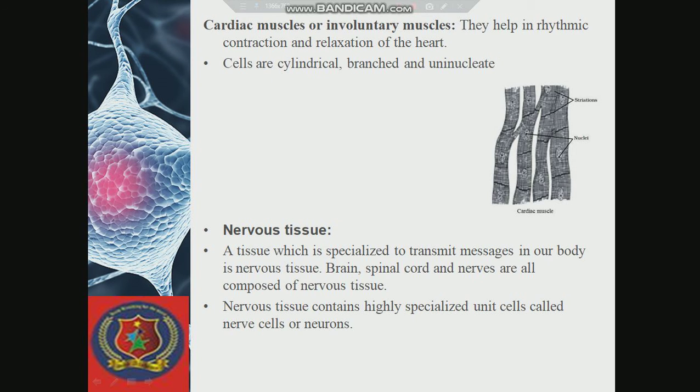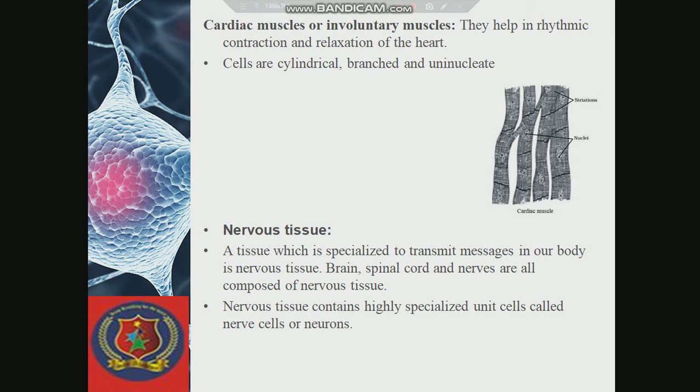Coming to the third type of muscle, cardiac muscle, this is also an involuntary muscle, found exclusively in the heart, and it plays an important role in the rhythmic contraction and relaxation of the heart muscles throughout our life. The cells that make up the cardiac muscles are cylindrical, branched, and have only one nucleus, and hence they are called uninucleate.